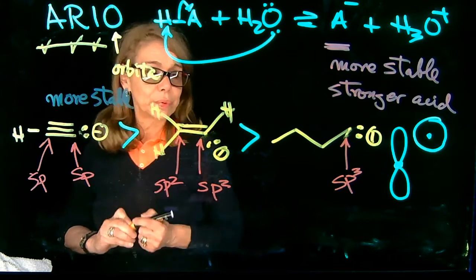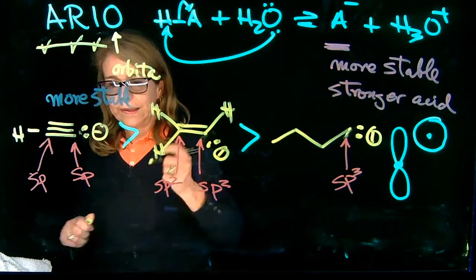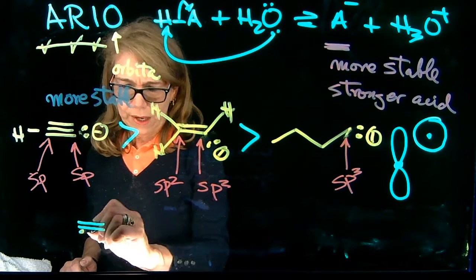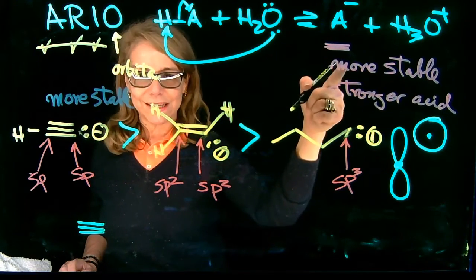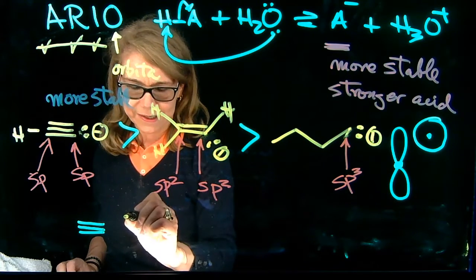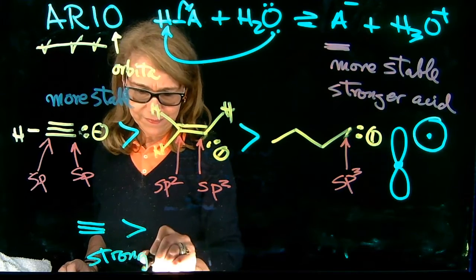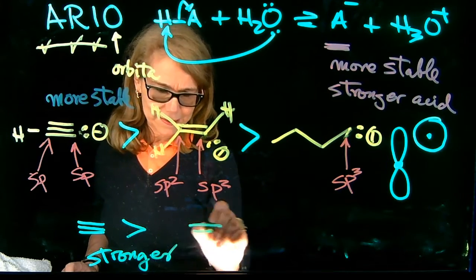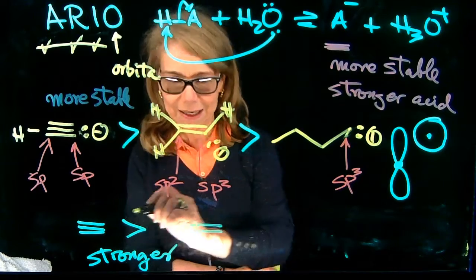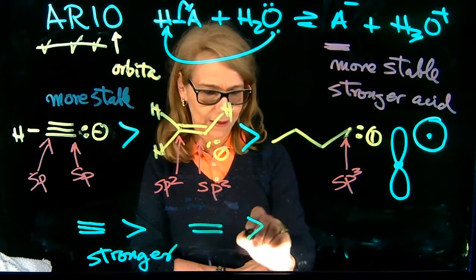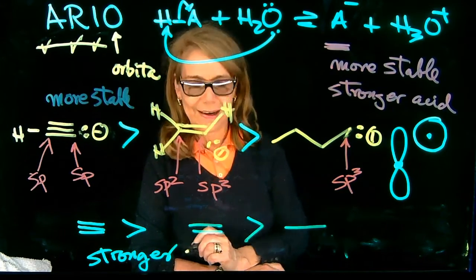So now I am predicting acidities, and according to that, the more stable the conjugate base, the stronger the acid. So this acid is a stronger acid than the alkene. So alkyne is stronger than alkene, and that's stronger than an alkane because of that.